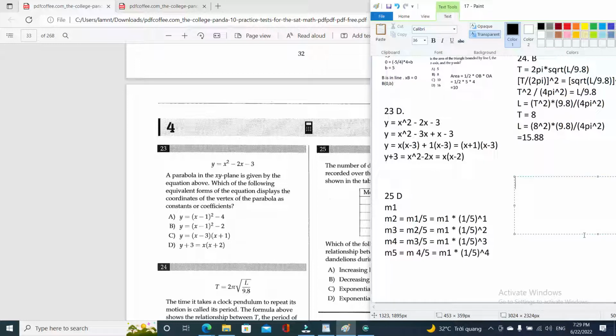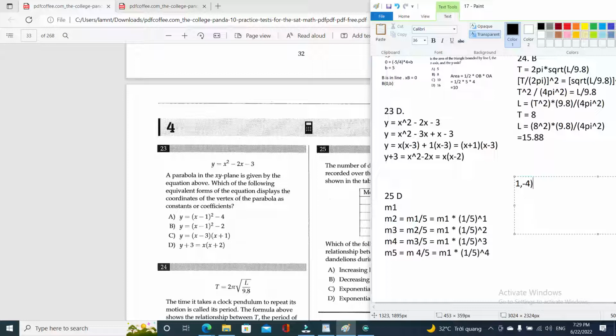So it's 2 over 2 is 1, and when you plug in 1, it's going to be 1, minus 2 is minus 1, minus 4, right?